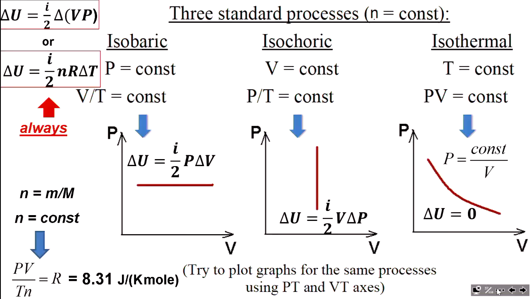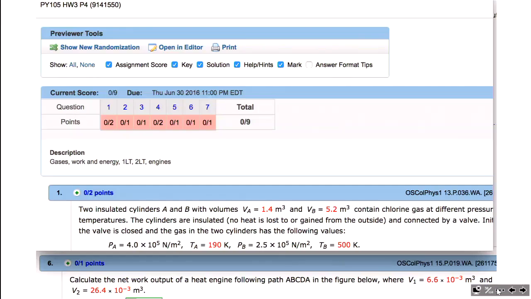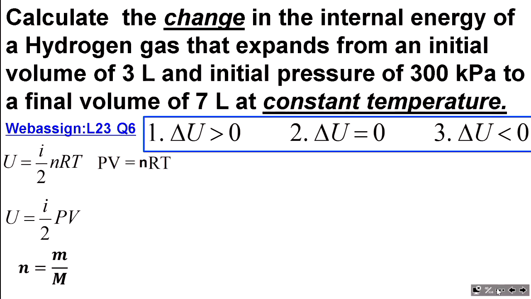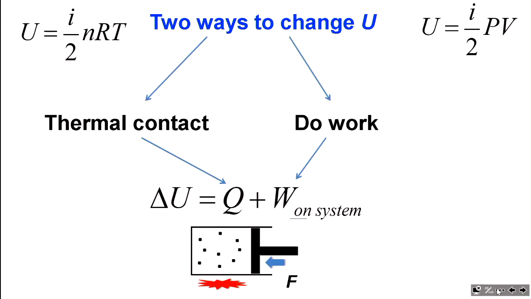It doesn't change for the isothermal process, it remains constant, but for an isochoric or isobaric process, it changes. Do the homework. You know how to do it now. And I'm going to do it tomorrow. I'm going to skip this. I'm going to skip that.